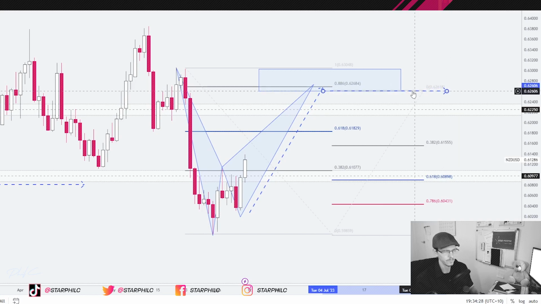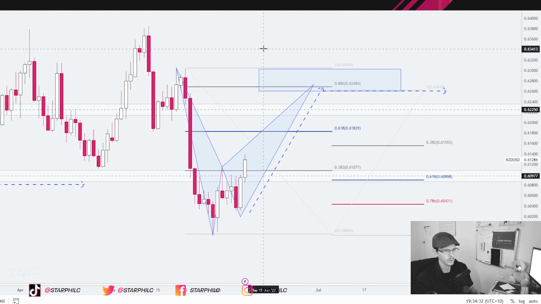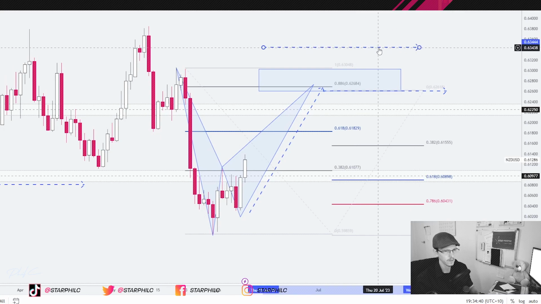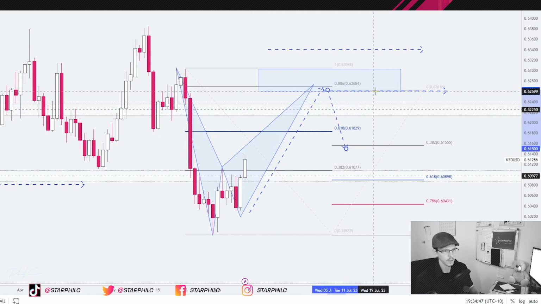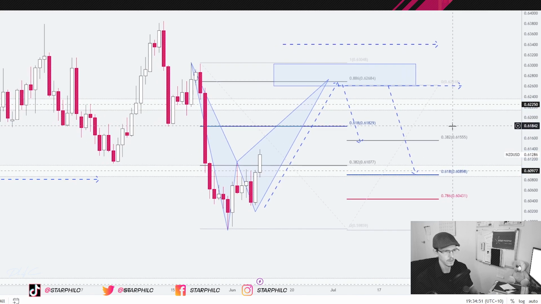Right there. Entries at the 886, okay. Stops above the X point looking left, right? Right there. And then targets at the 382 and target 2 at the 618.